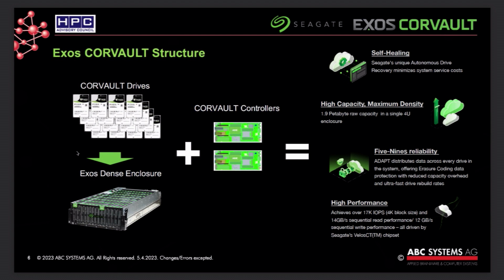read-write heads. So what does ADR, autonomous drive regeneration, do? It reformats the drive within 1 or 2 hours and takes it back into the array, which is possible when we go with erasure coding, because we don't need to have identical disk drives.